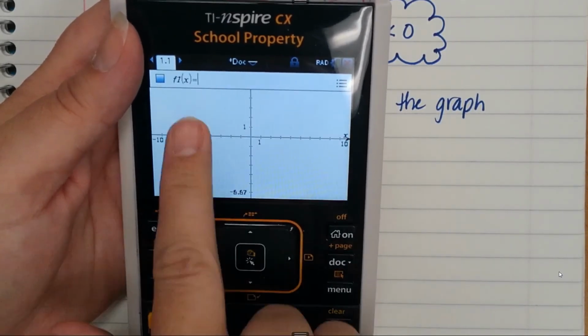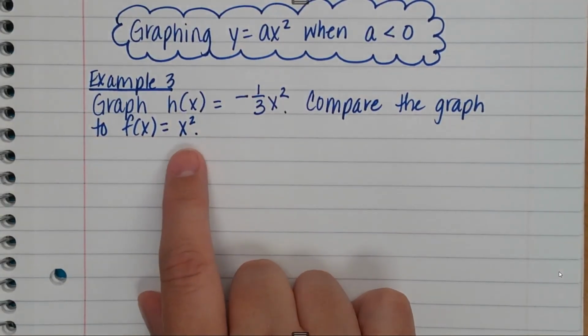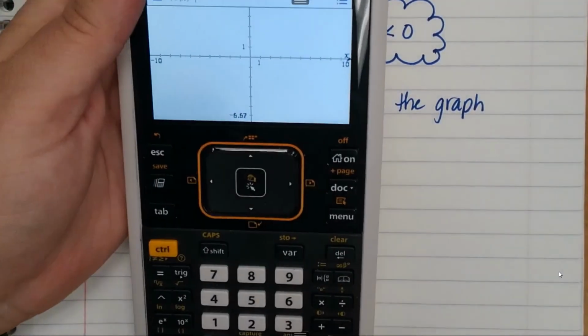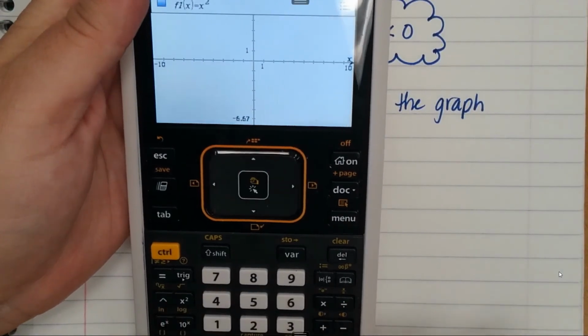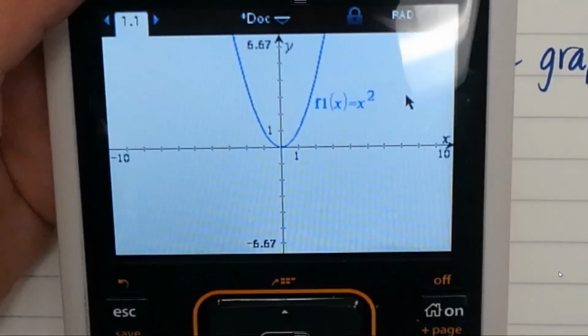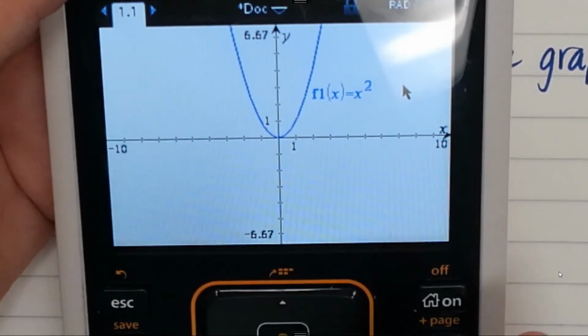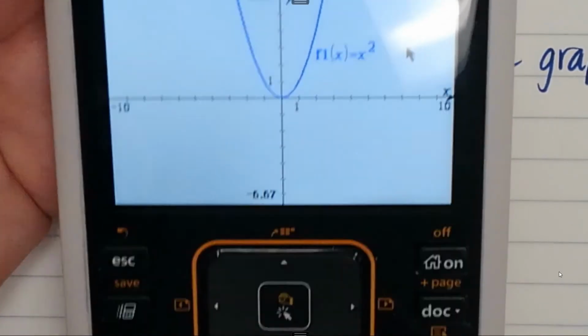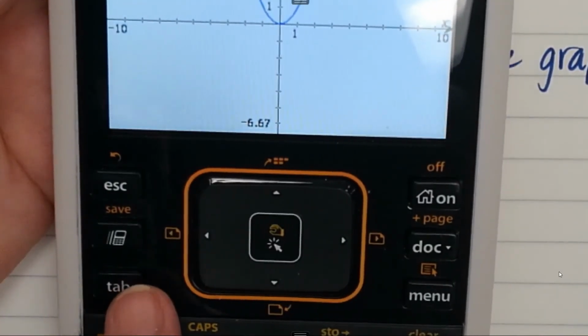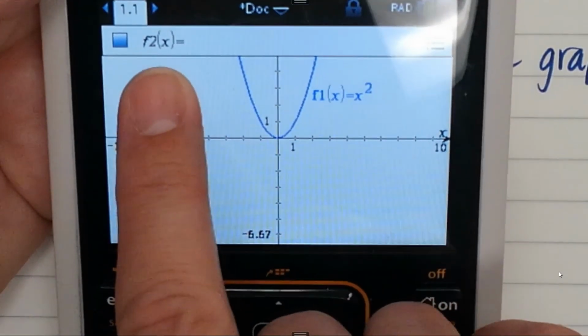Okay, so here we're going to put the parent function, right? They want us to compare it to the parent function. So we're going to put x squared. Push enter. And there's our parent function. Now we're going to put the second equation. So I'm going to press tab. And then it says f2 of x.